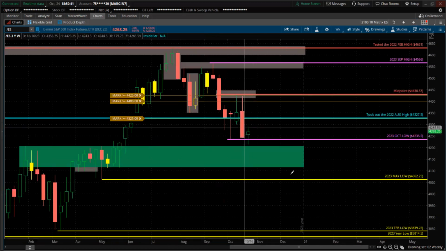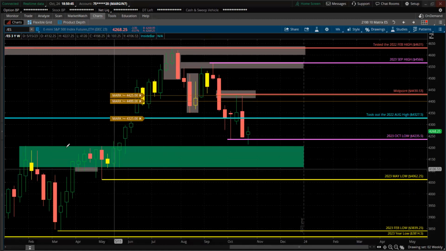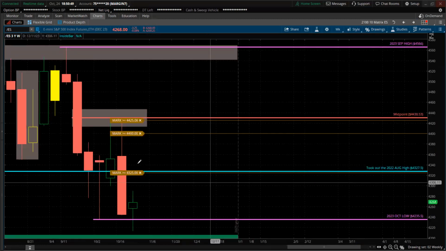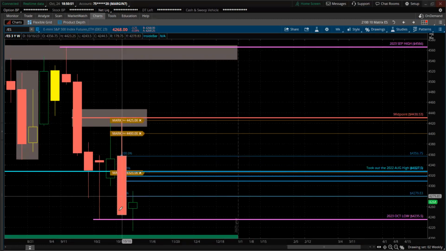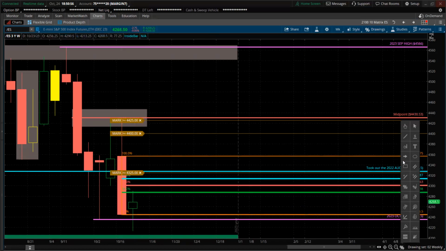I should label midpoint that big red candle too. Let's do that too. Again, down here on the weekly, you can notice it's demand zone of buyers. What I'm doing now is label midpoint, that big candle. But I'm only labeling the midpoint of the body, not the whole range.